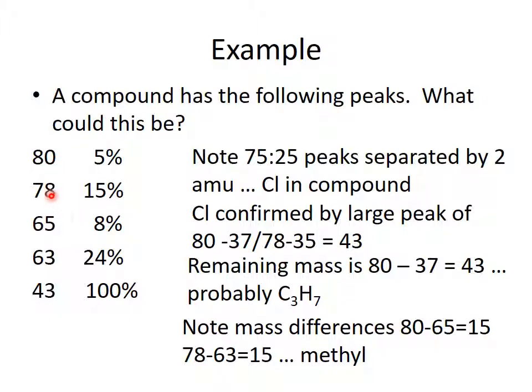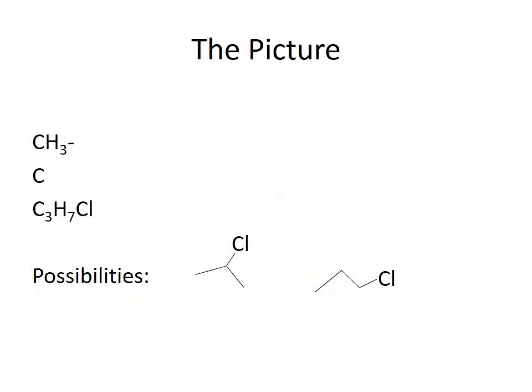What is the mass loss from here to here and from here to here? That's 15. That 15 is the same mass as that of CH3, methyl. So a methyl is being lost relatively easily. So we have a methyl somewhere in the compound, and we have this formula.